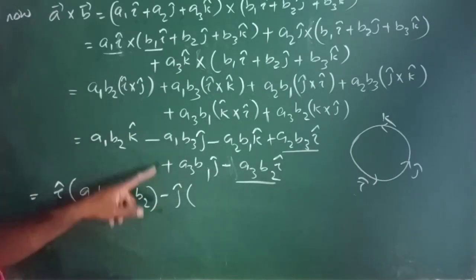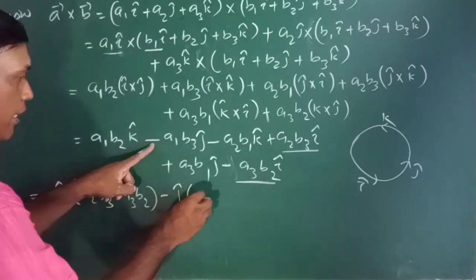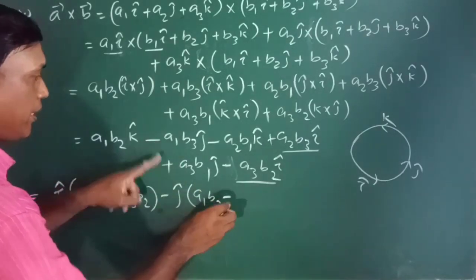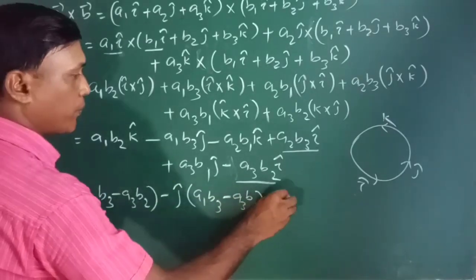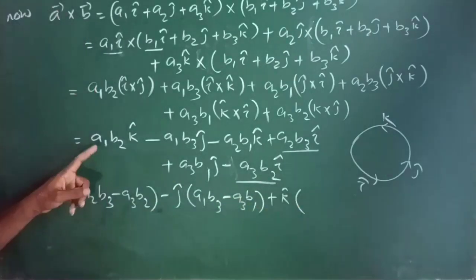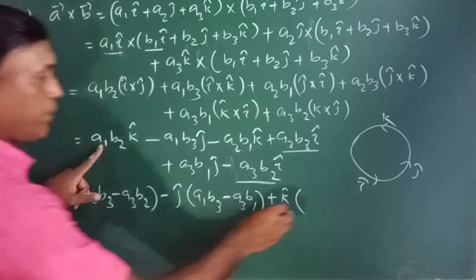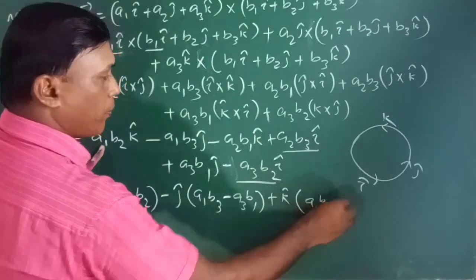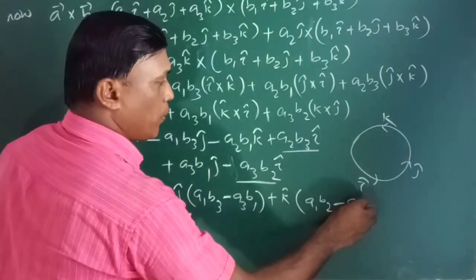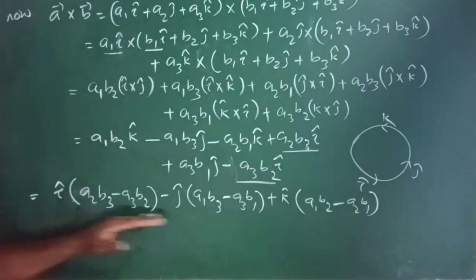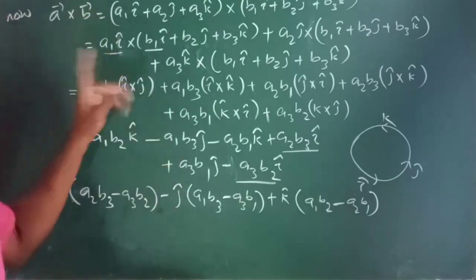If I take a minus common, this will be (A1 B3 minus A3 B1), plus k into, look at it, here is k, A1 B2, minus k is here, minus A2 B1. So this is the cross product of A cross B.